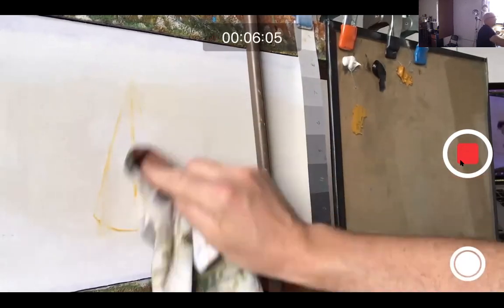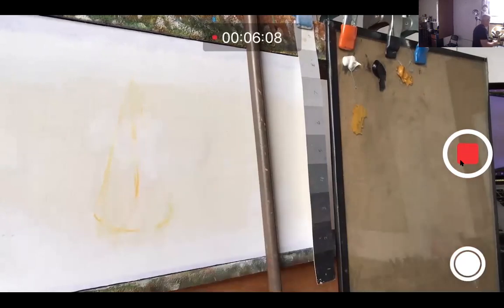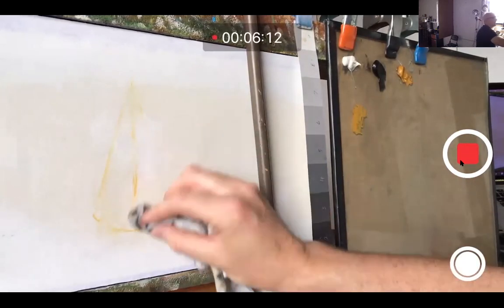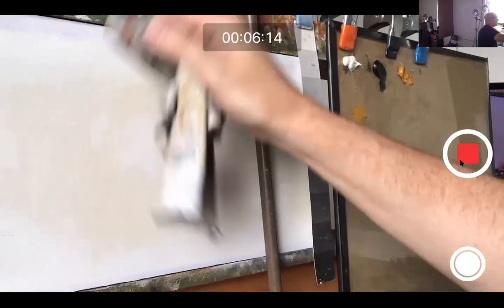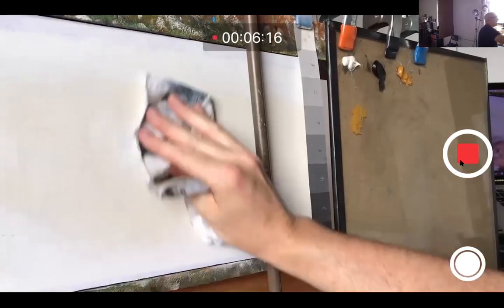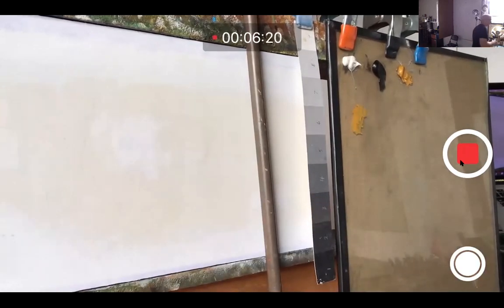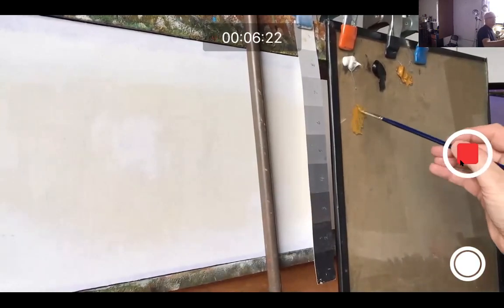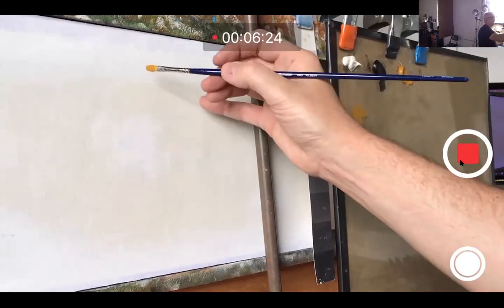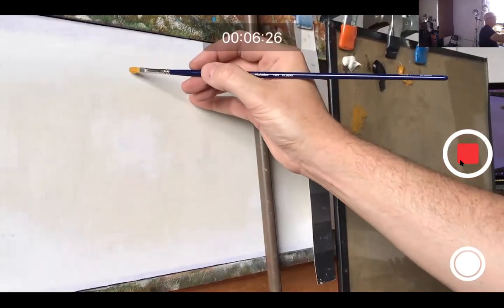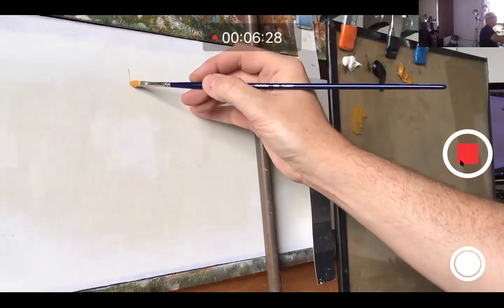I instead want to start the drawing of my painting by thinking about what I refer to as the underlying structure of the object I'm painting. So I'm going to be looking for some underlying construction lines or the underlying structure.